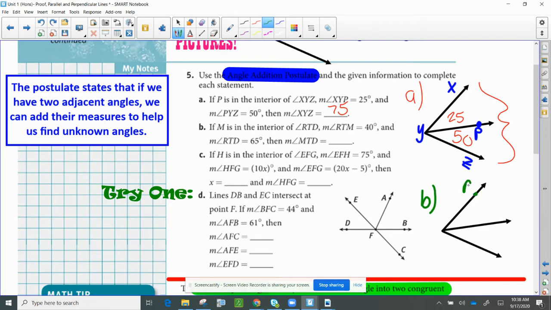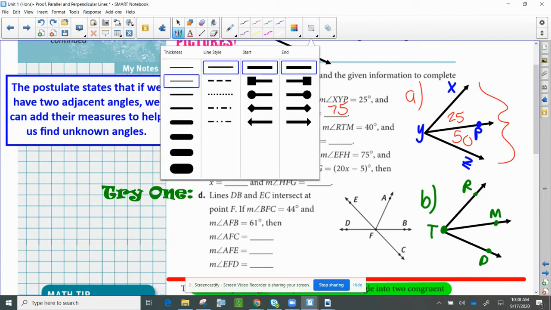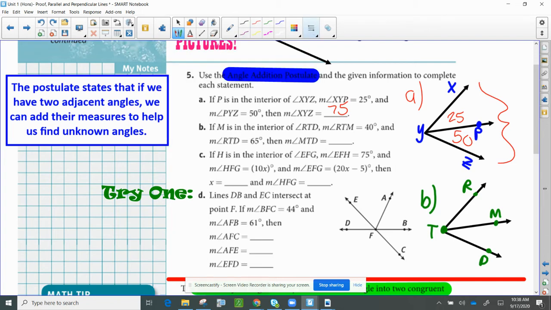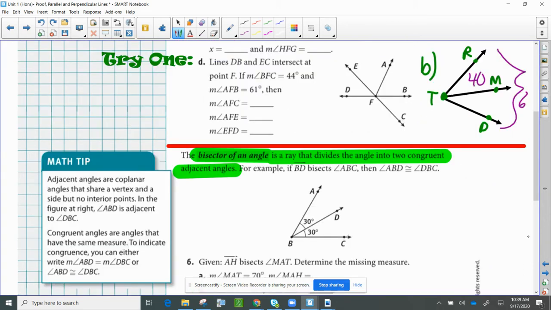So we've got RTD, and they're saying M is in the interior, so M is part of this ray that's in the middle between R and D. Labeling my measurements, the measure of RTM is 40 degrees, and the measure of RTD, the entire angle, is 65 degrees.